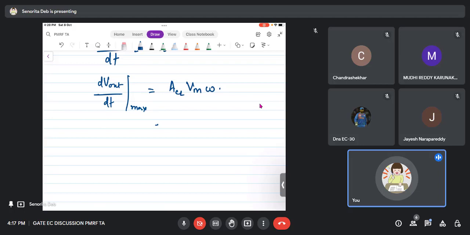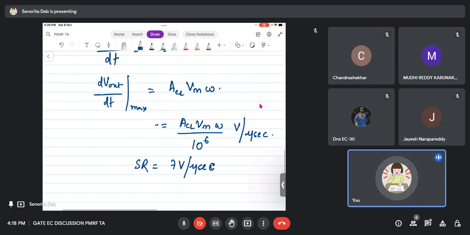So normally we write it as ACL Vm omega by 10 to the power 6 volt per microsecond. You will normally see in questions that they give slew rate as, suppose, 7 volts per microsecond.